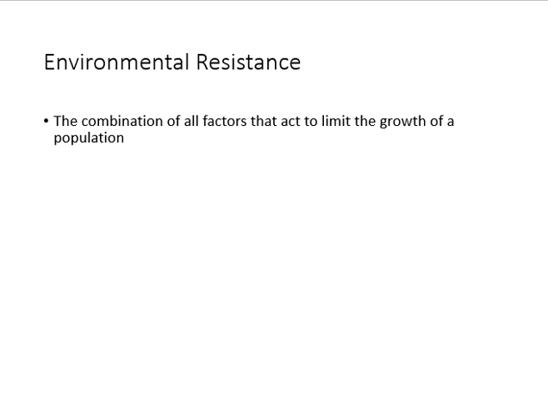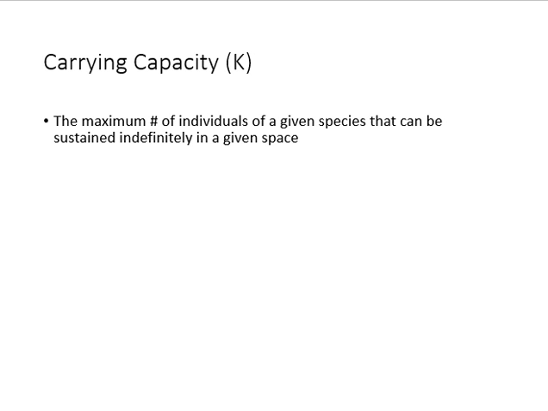Population sizes are imposed or limited by a number of limiting factors such as light, water, space, nutrients, too many competitors, or predators. The size of any given population is the result of the interplay between the biotic potential and the environmental resistance. And what puts a cap on a population growth is an ecosystem's carrying capacity.